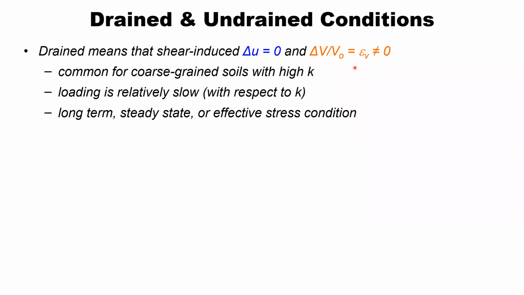it may be an increase in overall volume, or expansion, which we call dilation. It is common that coarse-grained soils that have high permeabilities reach this drained condition almost as quickly as we can construct things. So when you are building an additional lift of sand fill on top of an existing perimeter dike that consists of sand fill, even if there is water in there, as quickly as you can build that sand fill on top of the preceding sand fill perimeter dike, the excess pore water pressures are going to drain off, and it will be drained almost immediately.